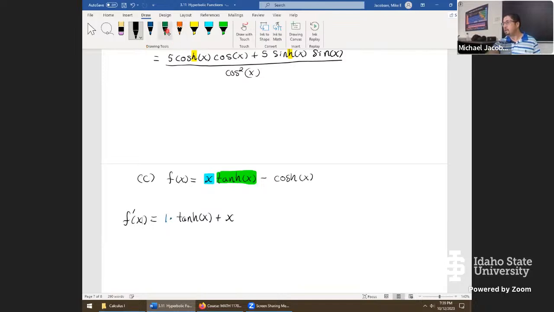Now we take the derivative of hyperbolic tangent right here. If it was ordinary tangent, it would be secant squared. And for this one, well, it's hyperbolic secant squared. This one is exactly the same, no trickery on the negative sign. So tanh squared at x. So that was the product rule going from here to here.